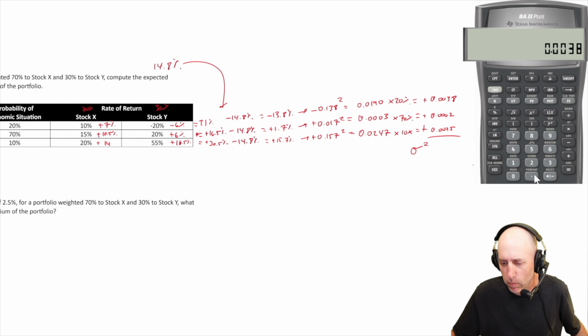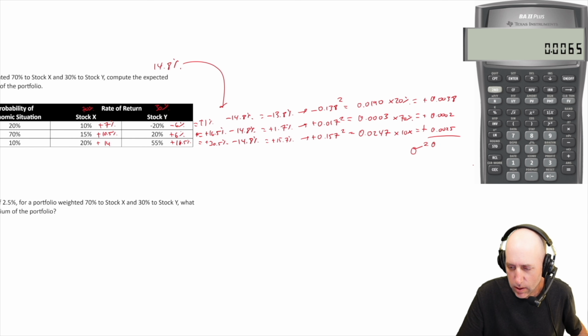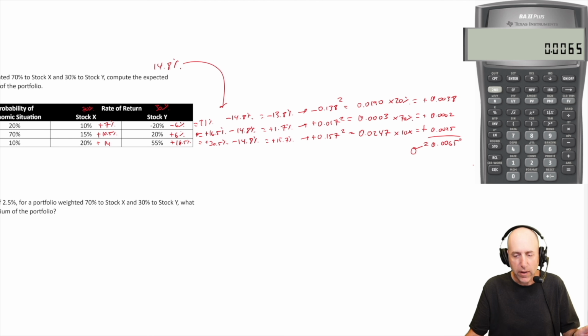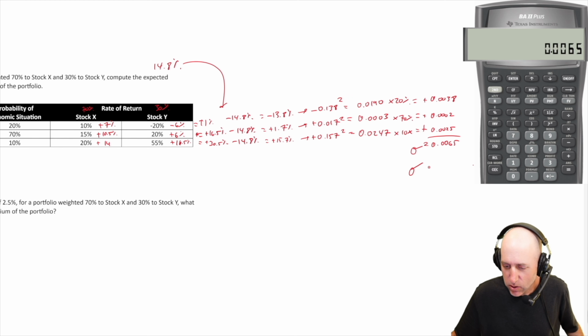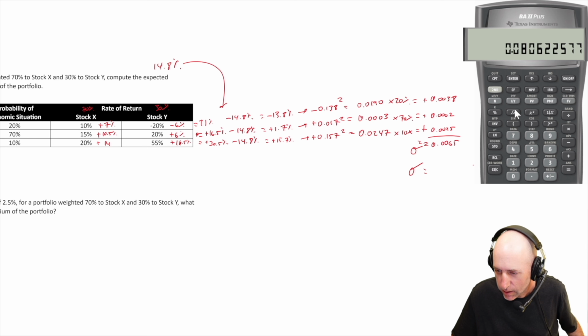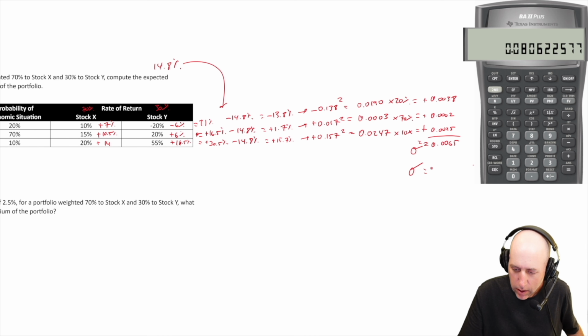Okay, let's add up our list to get our variance. 0.0038 plus 0.0002 plus 0.0025. So the sum there is 0.0065. That is my variance. Square root to get the standard deviation. Square root of that number is 8.06%.